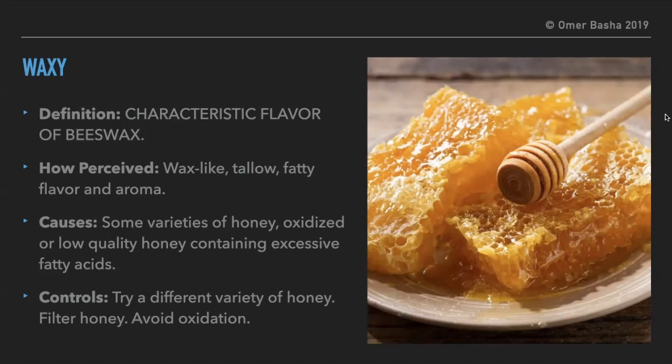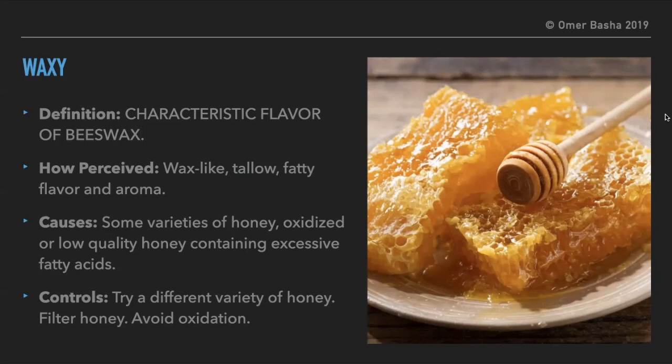The causes are some varieties of honey, oxidized or low quality honey containing excessive fatty acids. It will usually be a problem with the honey separation from the honeycomb. So it will be a problem back then.